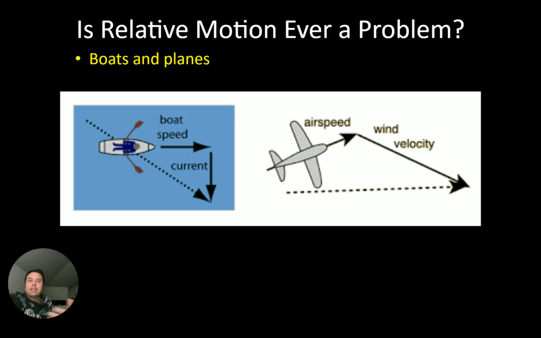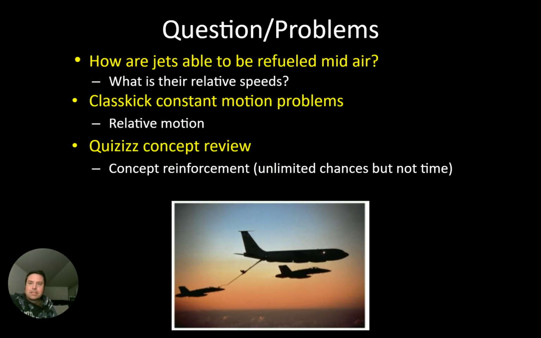That's relative motion: how fast the boat's going with the water and the wind. Airplanes definitely have to deal with wind velocity. If you're going with the wind, against the wind, or sideways to the wind, it's going to push on the plane and change its motion. So it does occur in our everyday lives. It's not some random little side thing.